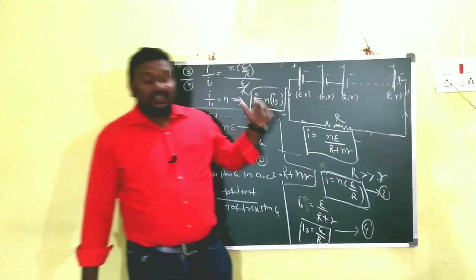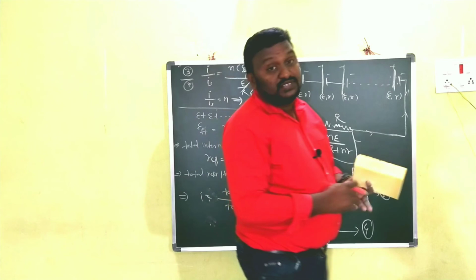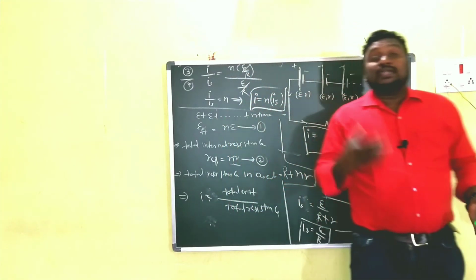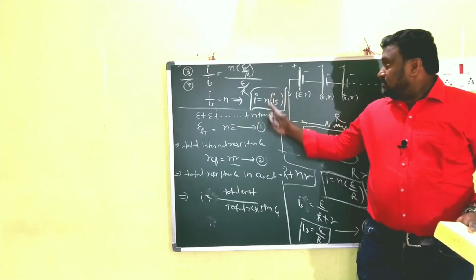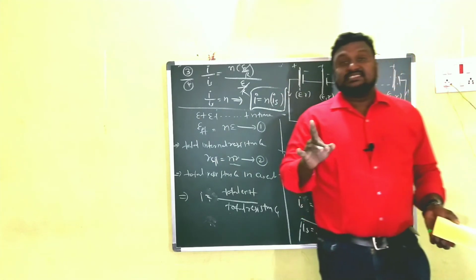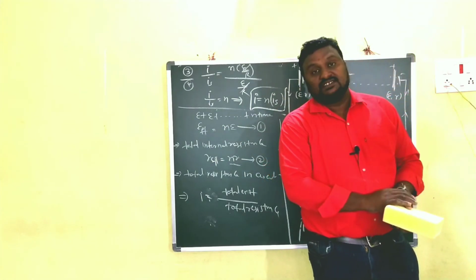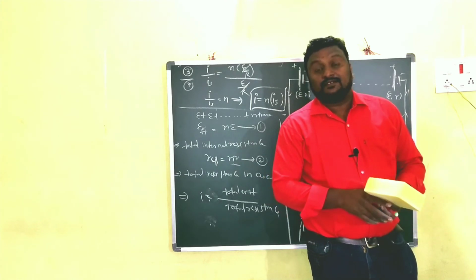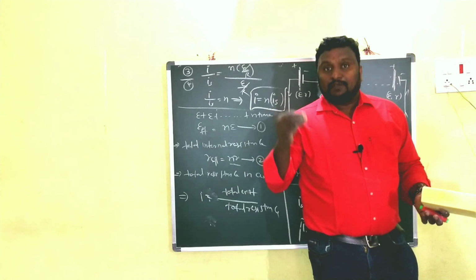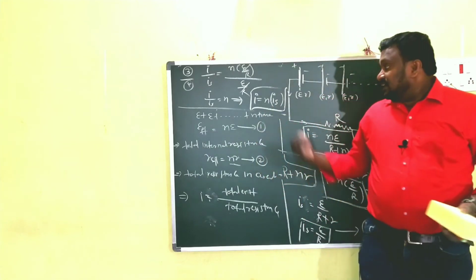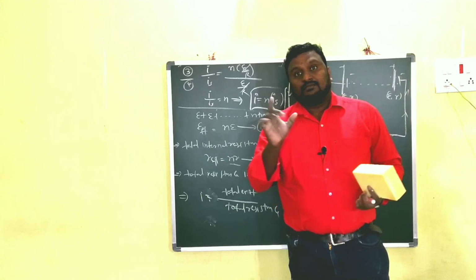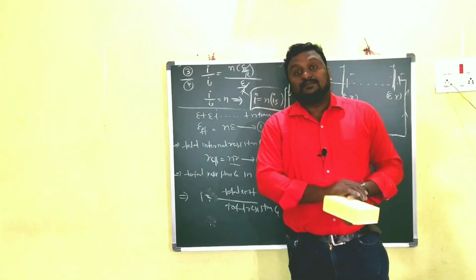If we multiply the amount of current through a single cell by the number of cells, then we automatically get the total amount of current. That means in the series combination, the I value is increased by N times that of a single cell.